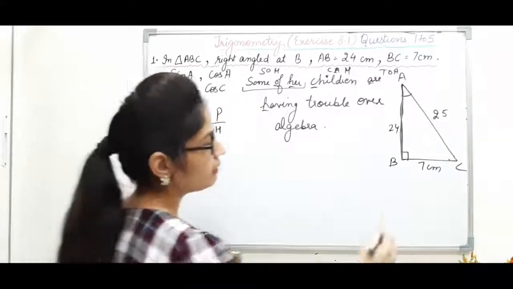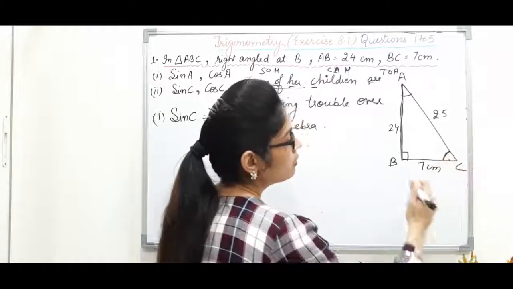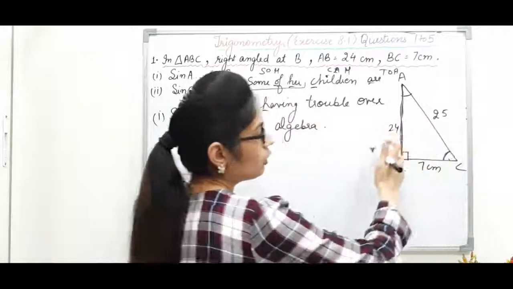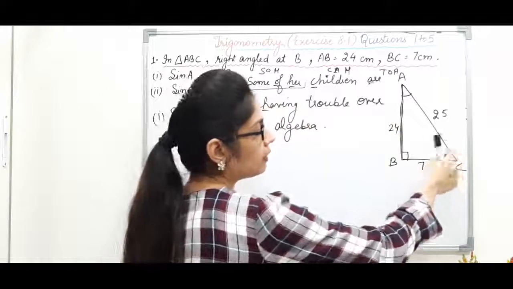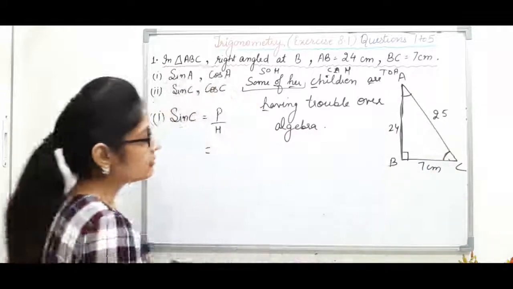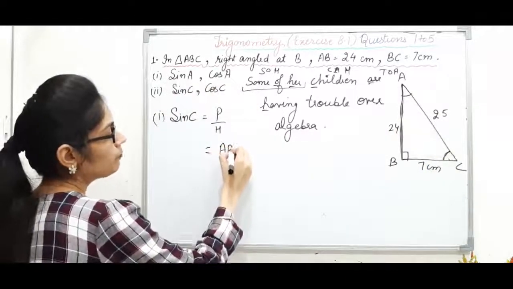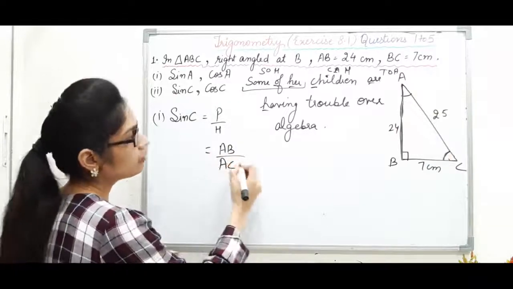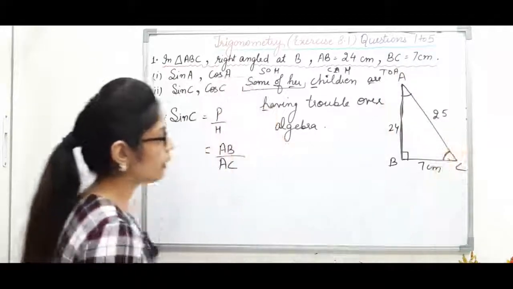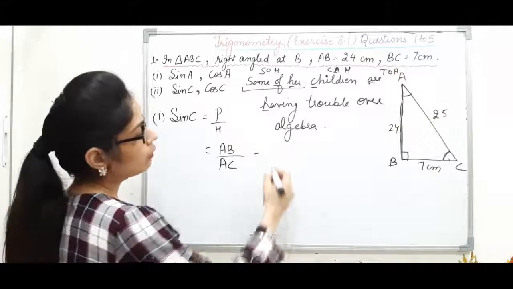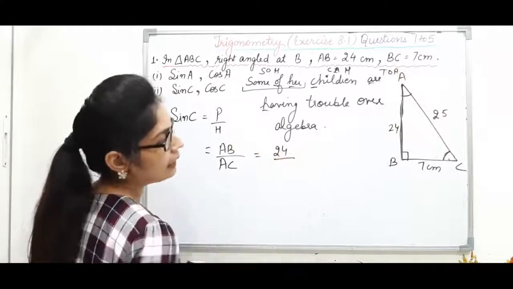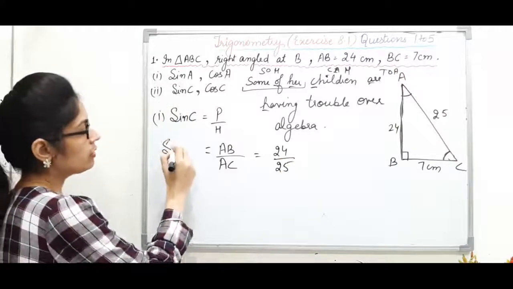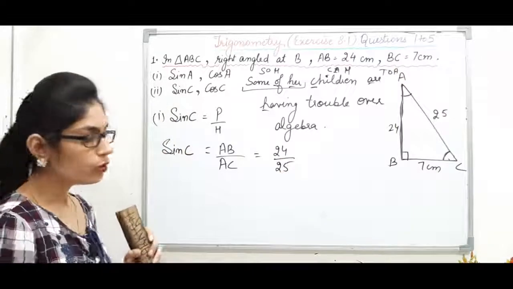Now angle C we have to see, this is angle C. Perpendicular is opposite, so you have to look opposite to angle C. AB is the side, so you can write AB. Hypotenuse will remain the same, so it is AC. This is the hypotenuse of this triangle. So AB is 24 and AC is 25. So sin C is equal to 24 over 25.